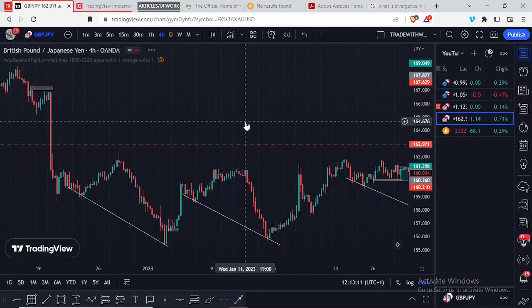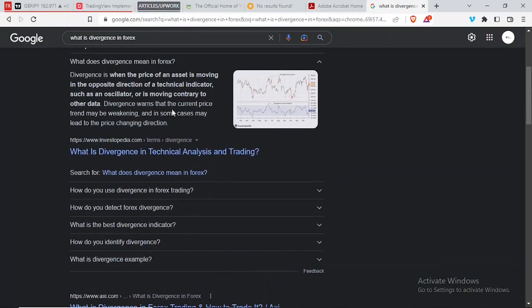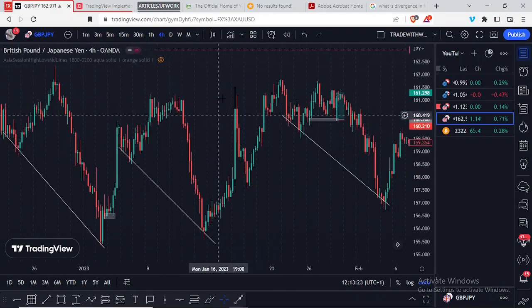So moving back to divergence, what is divergence? Divergence is when the price of an asset is moving in a direction opposite to the direction of an indicator. Let's use RSI.